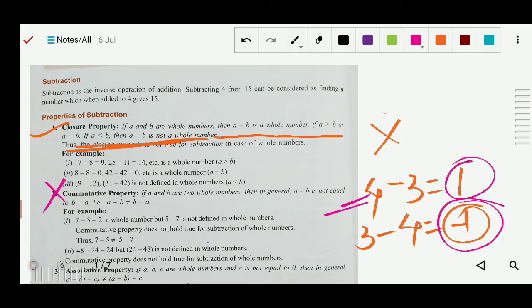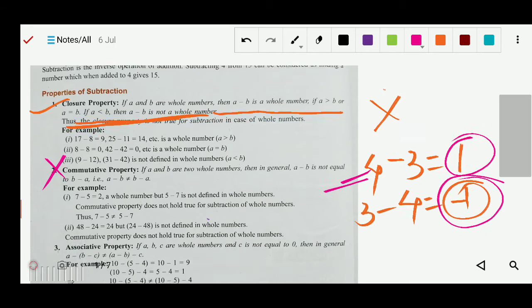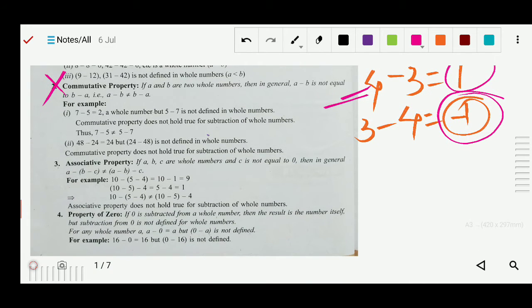Next is the associative property. If a, b and c are whole numbers and c is not equal to 0, in general a minus (b minus c) is not equal to (a minus b) minus c.